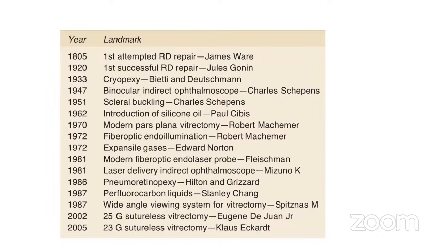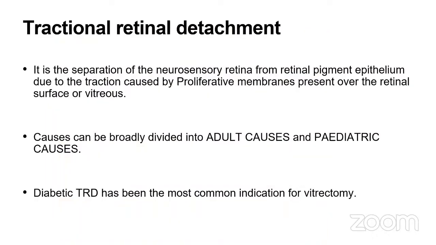Introduction of silicone oil was done by Paul Sibis, expansion gases by Edward Norton, and pneumoretinopexy by Hilton and Gizzard. Perfluorocarbon liquids were introduced by Stanley Chang, 25 gauge sutureless vitrectomy by Eugene, and 23 gauge sutureless vitrectomy by Klaus.